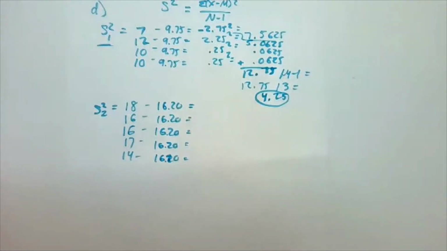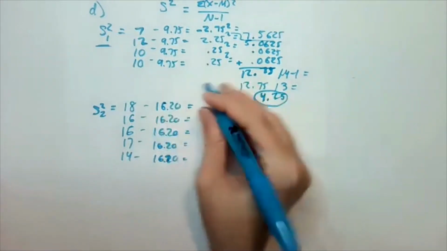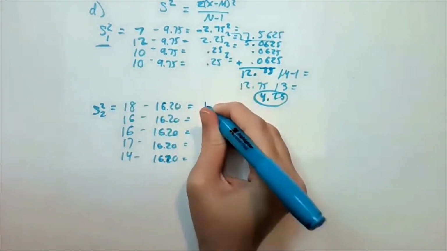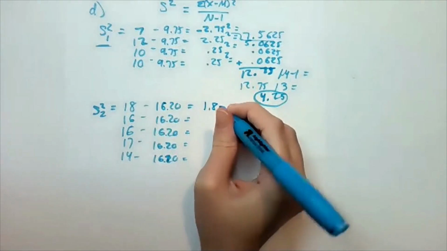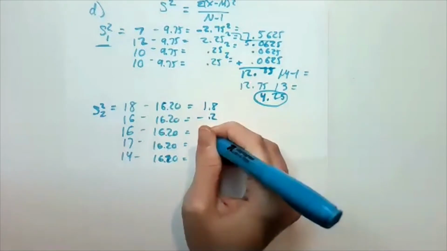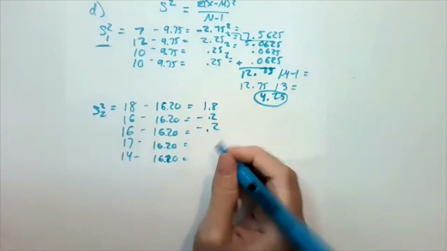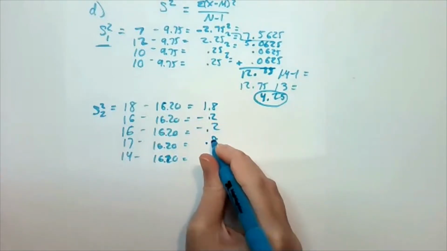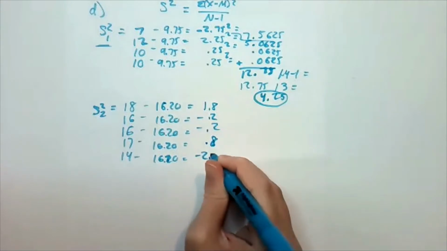Just as we did up here, we want to subtract the mean from each of these raw scores, square it, add those square values together, and then divide by n minus 1. So here 18 minus 16.2 is 1.8. Then we have negative 0.2, negative 0.2, 0.8, and negative 2.2.